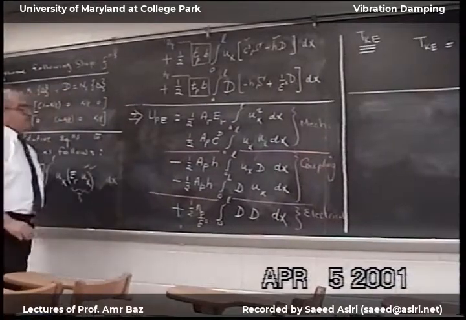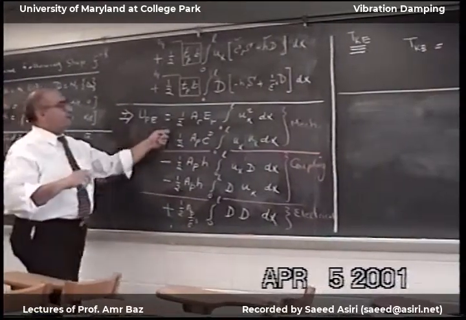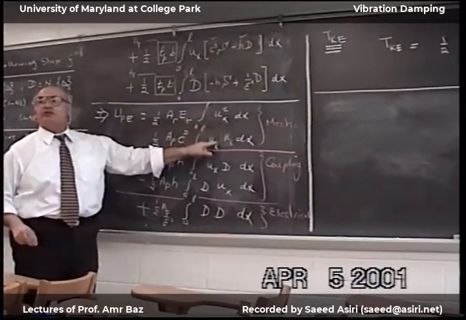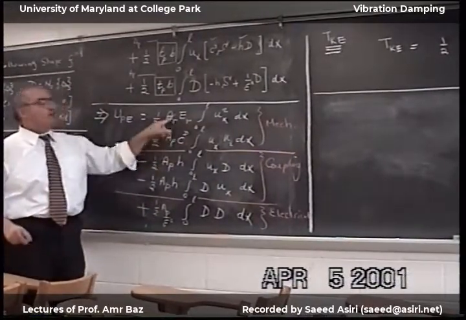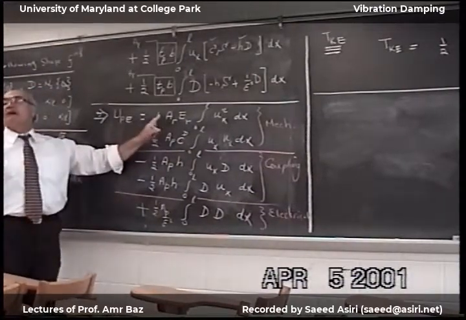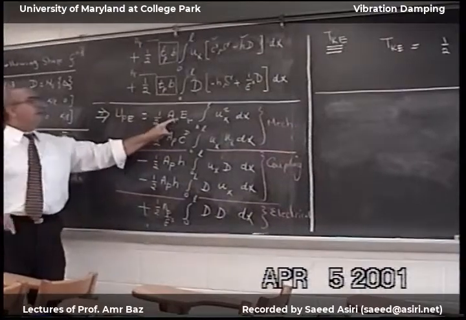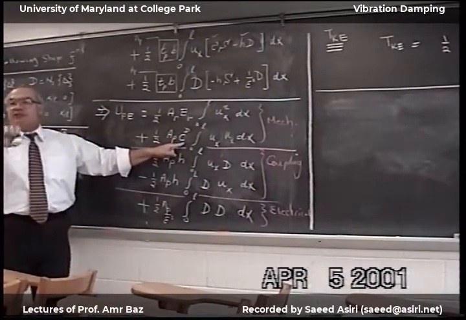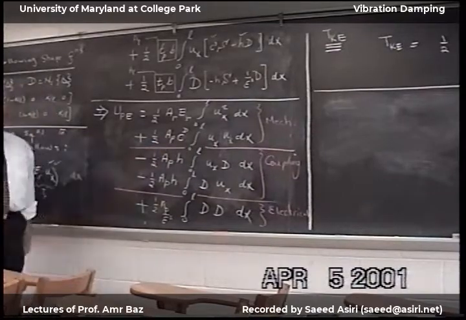Okay, so now the first term, if you look, the integrals are exactly the same, U squared and U squared. And these two terms are combined. So this is the area of the rod, Young's modulus of the rod, area of the piezo, Young's modulus of the piezo. This is the reciprocal of the compliance.